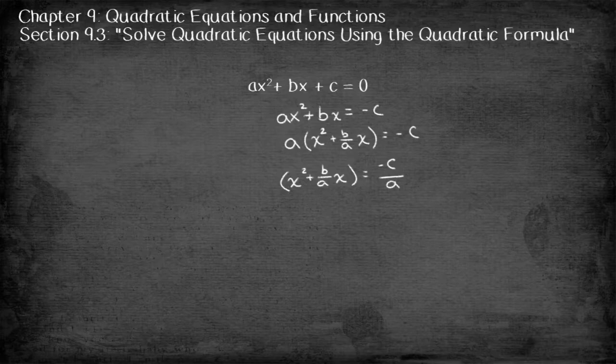So to complete the square, we are going to take precisely half of the coefficient of the x term, and we are going to add the square of it to both sides. So we're going to be adding b over 2a squared to both sides.